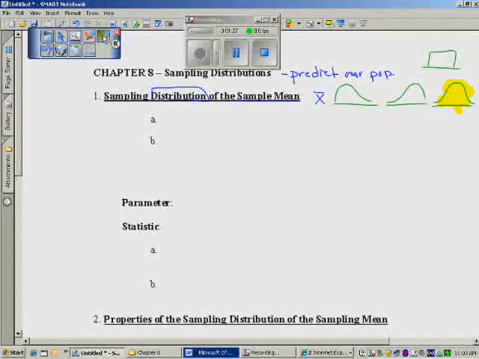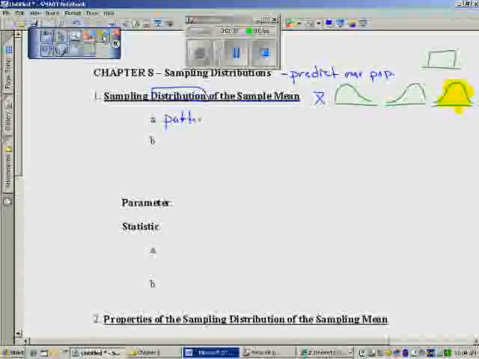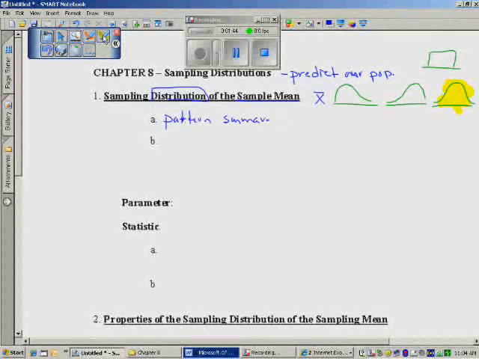So how can you take all possible? Well, you can't. So what happens is we've gotten a predictable pattern. And this pattern, from showing all these X bars in a histogram, gives me a summary of the variability.